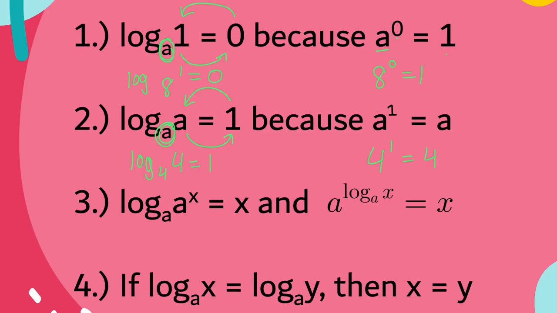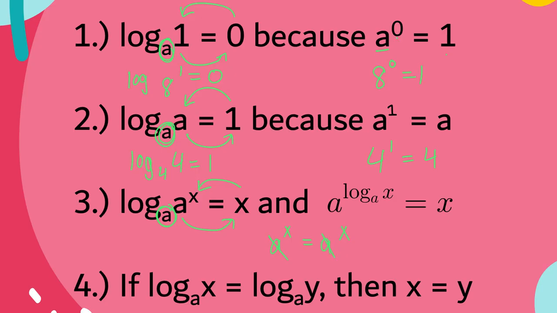Looking at number 3, same thing here. Log base a, this is my base, and I'm still switching the order. My base stays the same. I have a to the power of x equals a to the x. Keep in mind, how did we solve it last time? You could cancel these out.